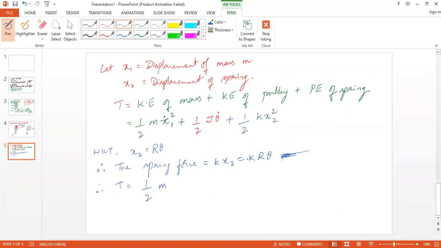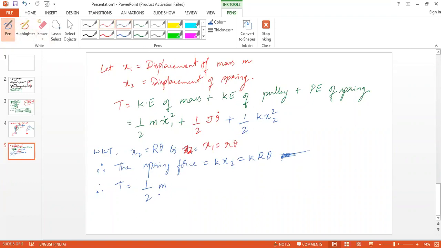m in place of x1. x1 is equal to what? x2 is R theta. x1 is small r theta.